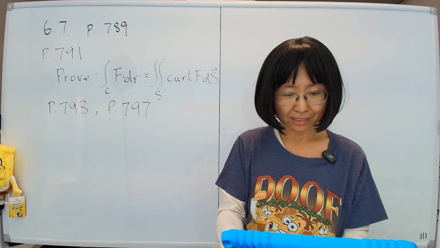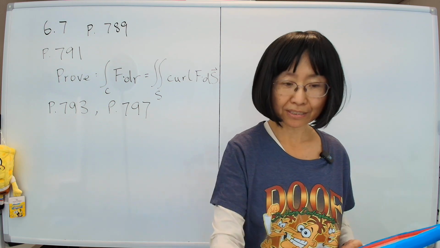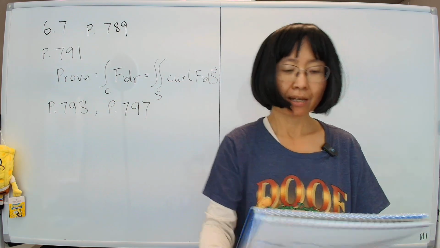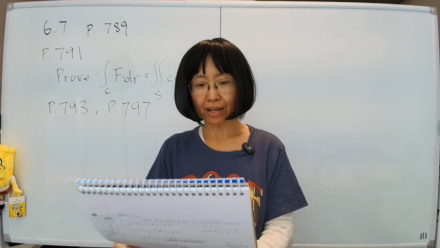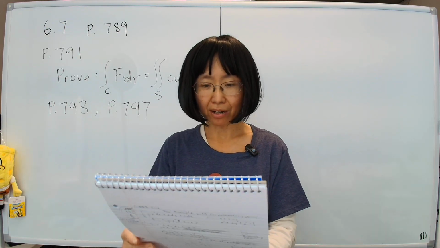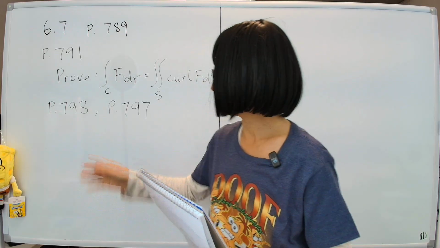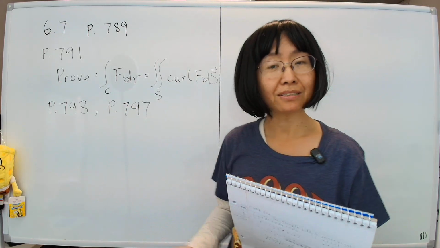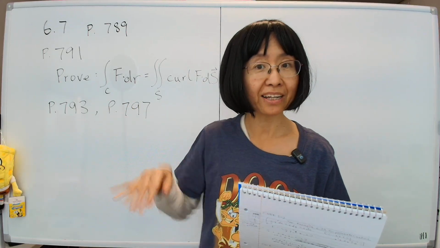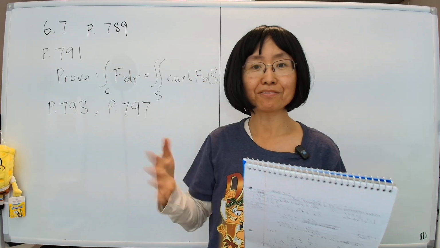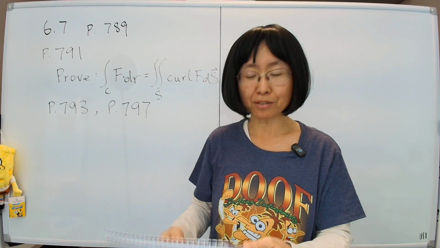Now with that, let's look at example 6.75. In example 6.75, we're supposed to calculate the integral of F dot dr, except that this time the curve C is not as easy. In the past, our C was pretty straightforward, something on the plane that's fairly easy to parameterize.